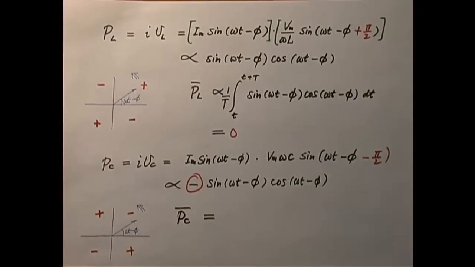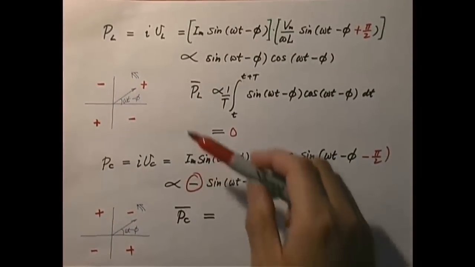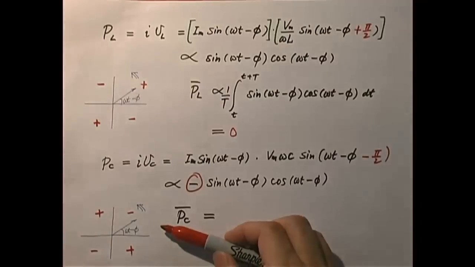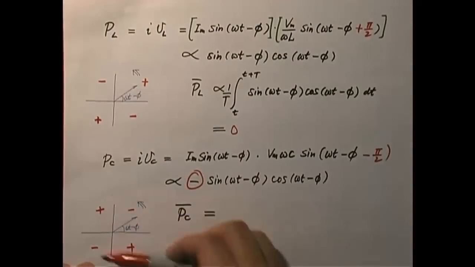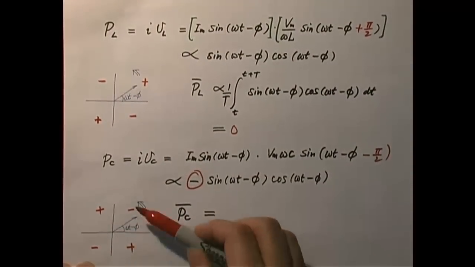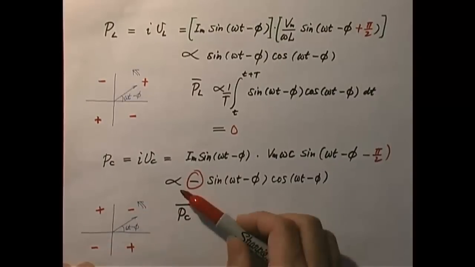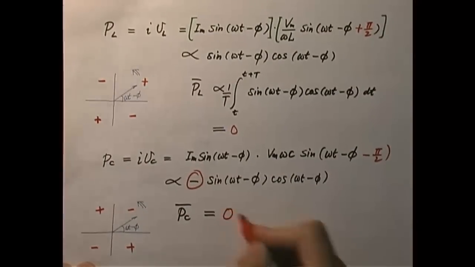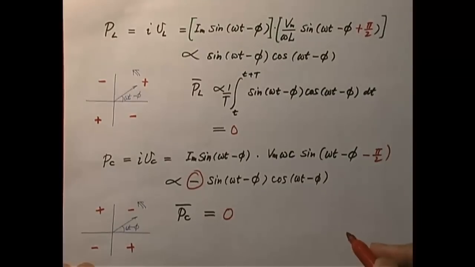What does that mean? It means that just like the case of the inductor, a capacitor over one cycle spends half of the time taking energy in, but the other half of the time feeding energy back into the circuit. So overall you can see that the power consumption by the capacitor is also 0.